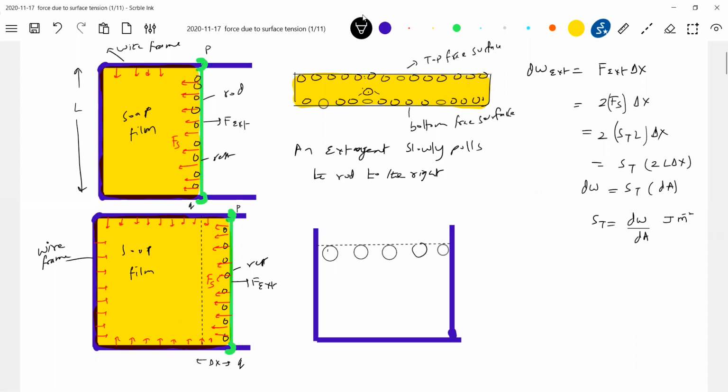Now, if I want to increase the surface area, tell me what happens to the number of molecules on the free surface? It should increase, no?